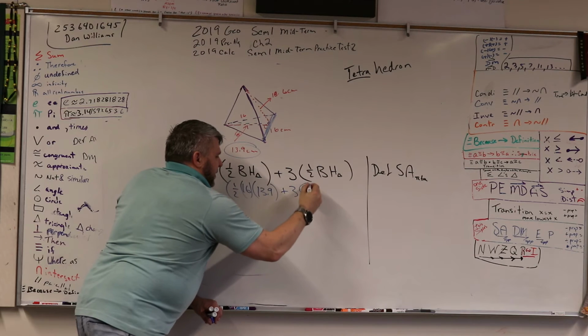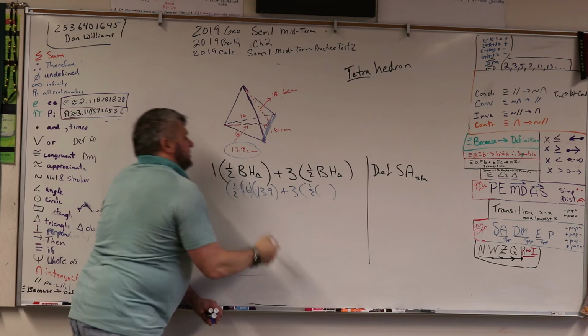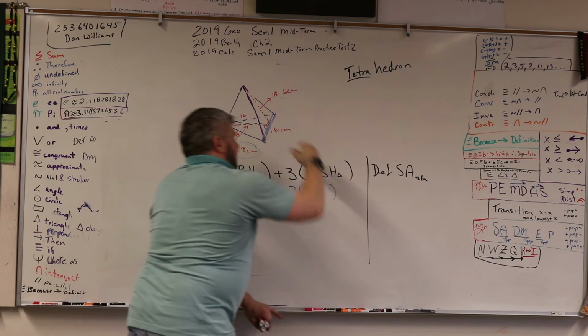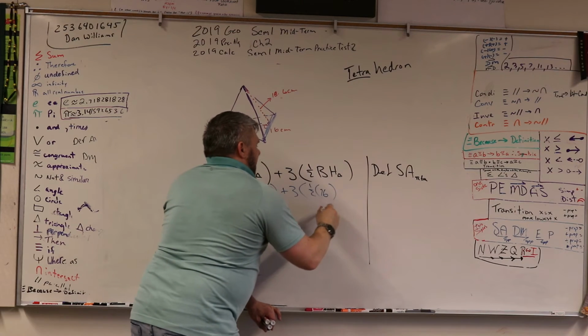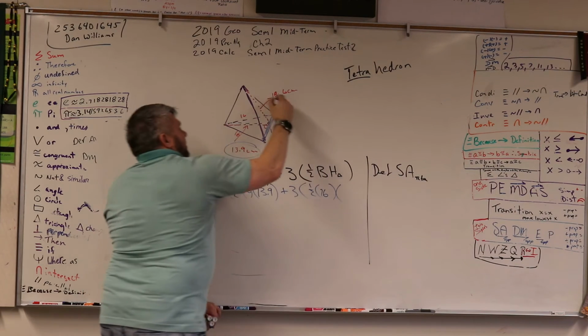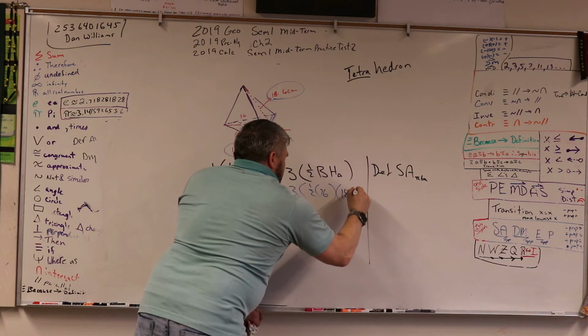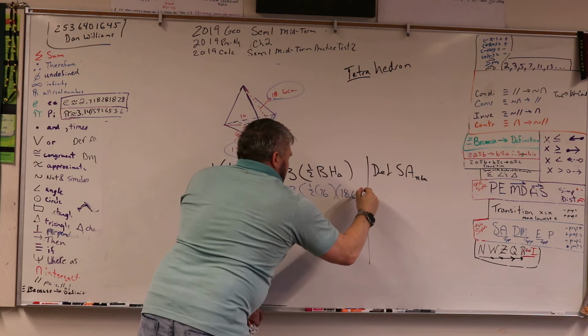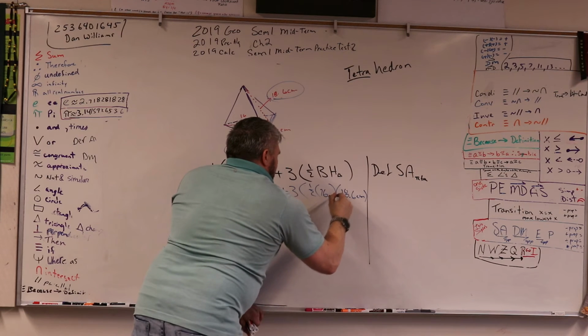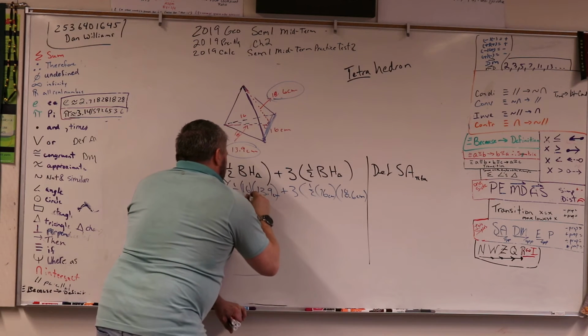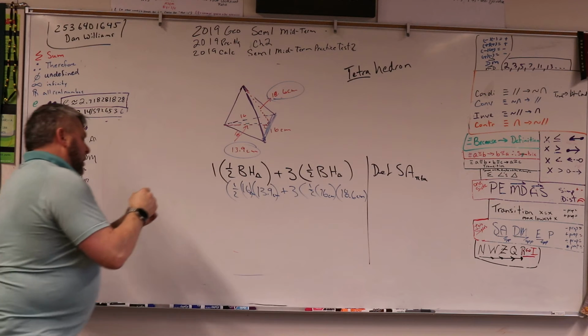Plus 3 times 1/2 times the base, which is 16, times the height, which is 18.6. Now this is cm, this is cm, this is cm, this is cm, right?